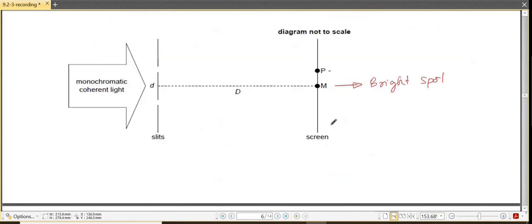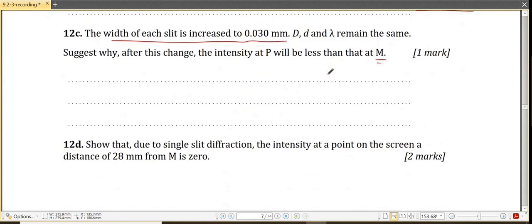Here they are talking about interference. Now what happens is the intensity is decreasing. From negligible width, now the slit width is increasing. So here two things are happening, interference and diffraction.